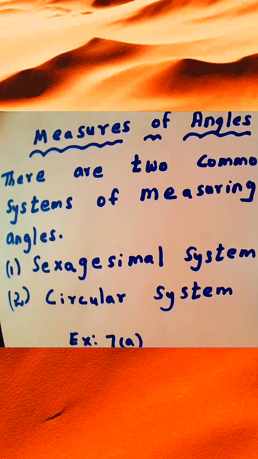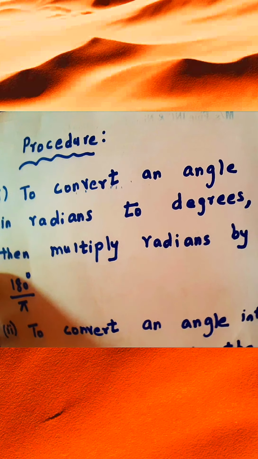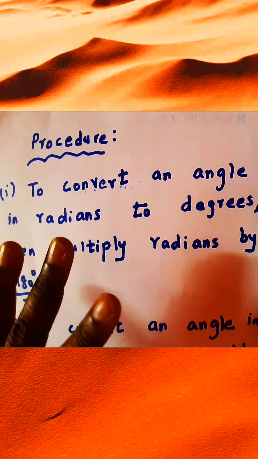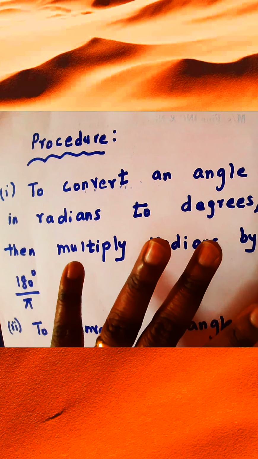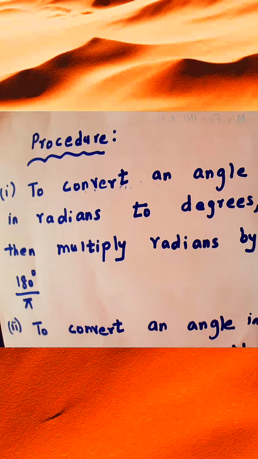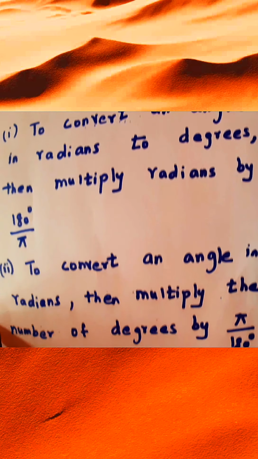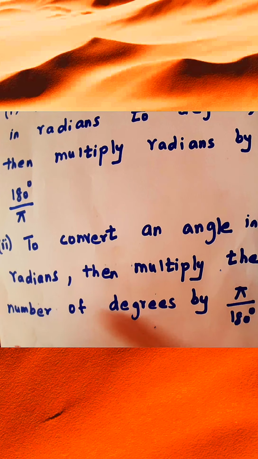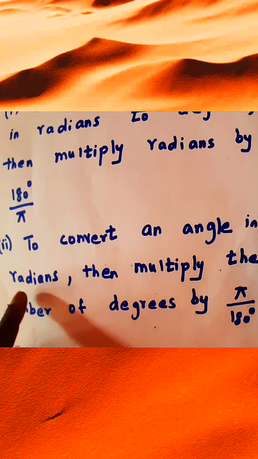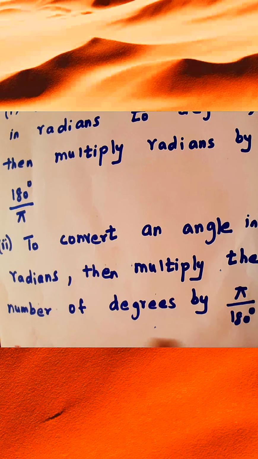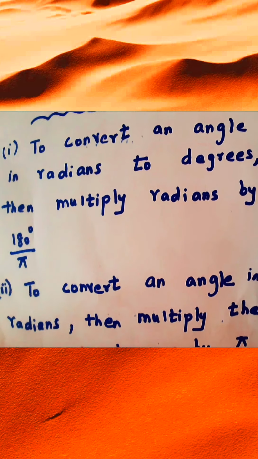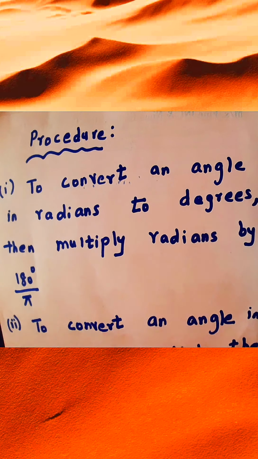And two important points you should remember: to convert radians into degrees, you have to multiply by 180 by pi. And to convert degrees into radians, you have to multiply by pi by 180 degree. This is the procedure.